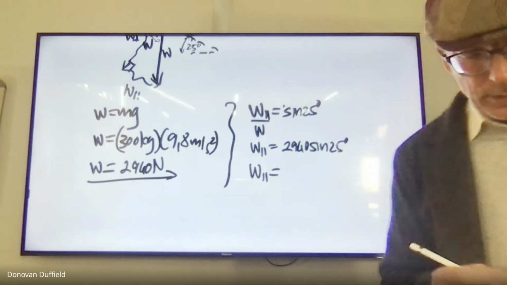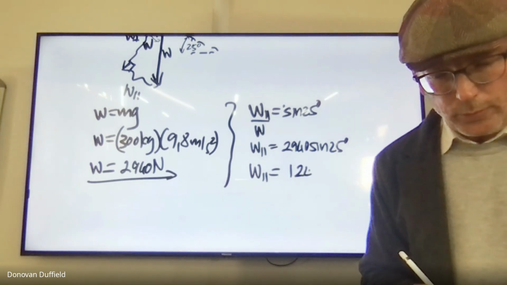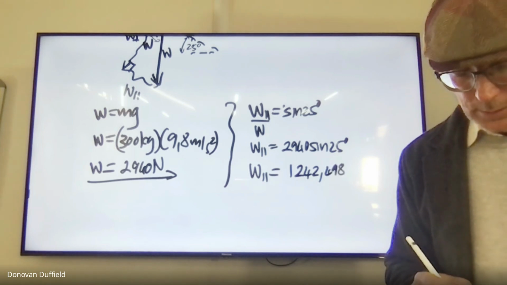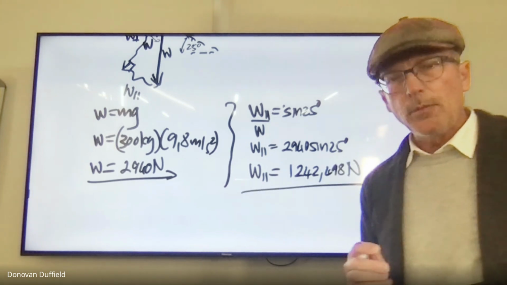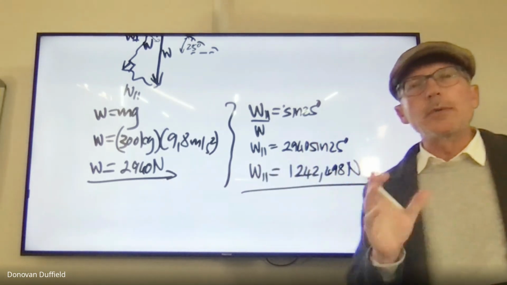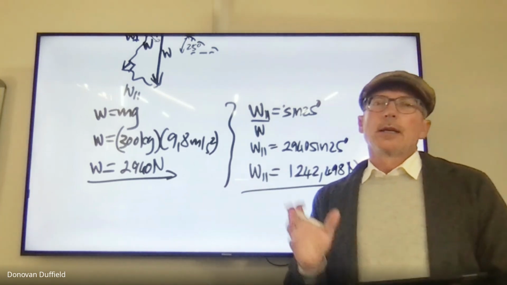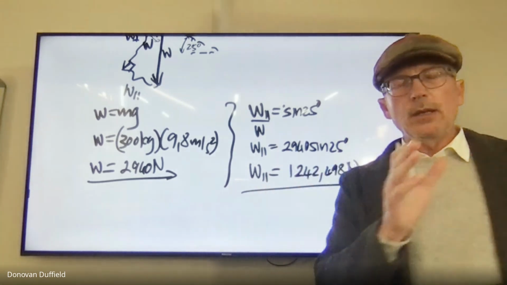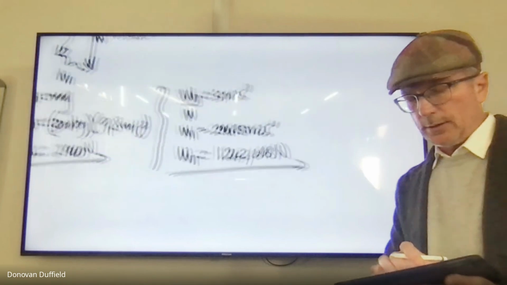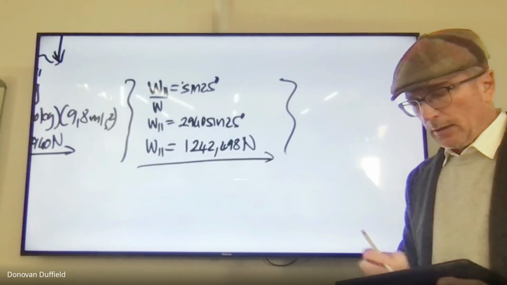And that's going to give us 1,242.498 newtons. Remember, we try to round off to a minimum of 3 decimal places, even though the NSC requires only 2 decimal places, just to keep it safe.